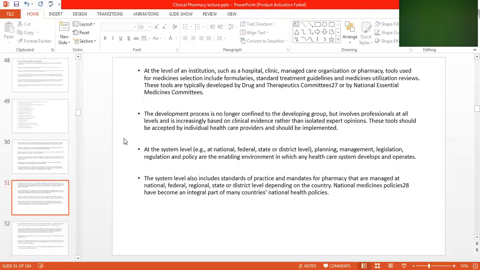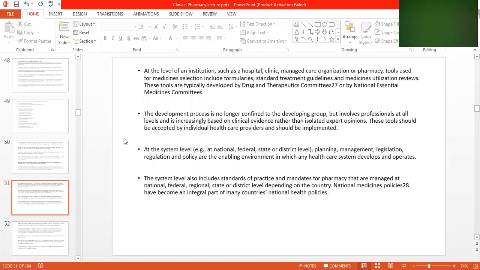At the level of an institution, such as a hospital, clinical managed care organization or pharmacy, there are tools used for medicine selection, including formularies. So what are the tools for selection of the medicine? We make a formulary in which we select certain required drugs or medicines, and standard treatment guidelines, and we must have the standard treatment guidelines in our hand.